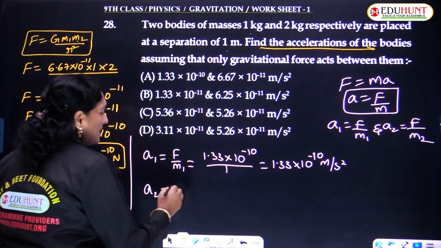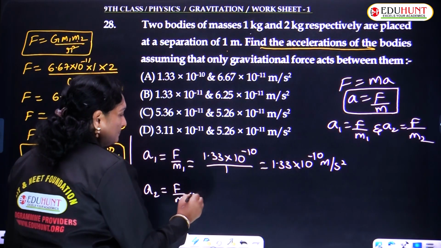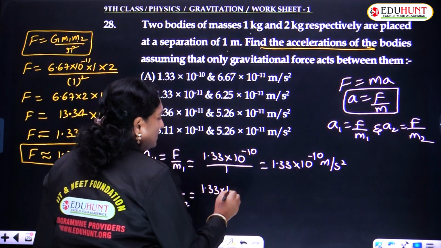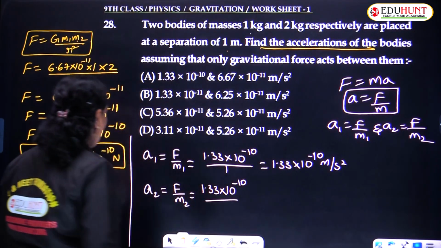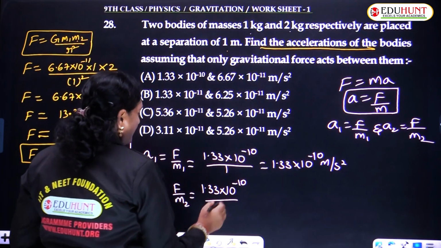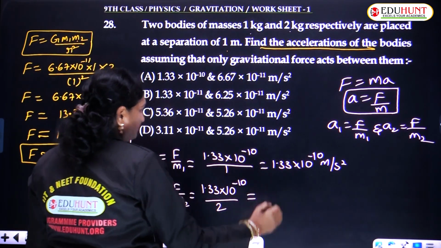Similarly, the acceleration of the second body is F by m2. How much is the force between the two bodies? 1.33 into 10 power minus 10 upon the mass of the second body. What is the mass of the second body? They gave it as 2 kg. So, divide by 2.